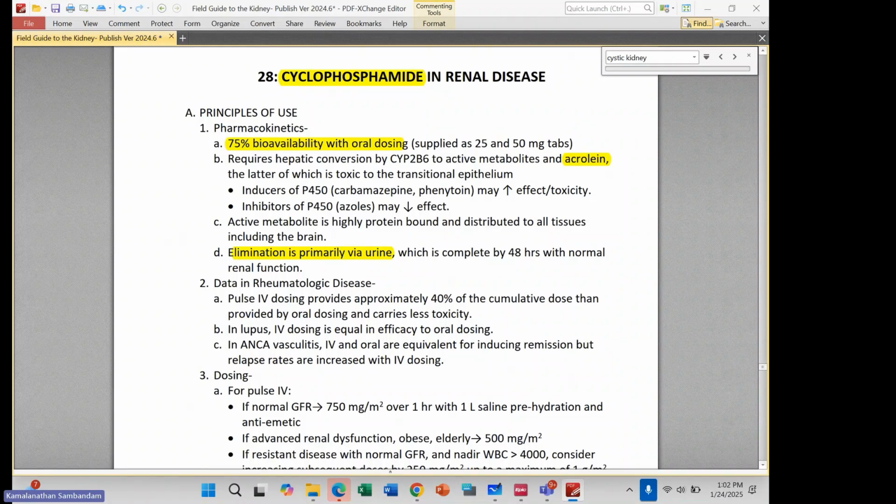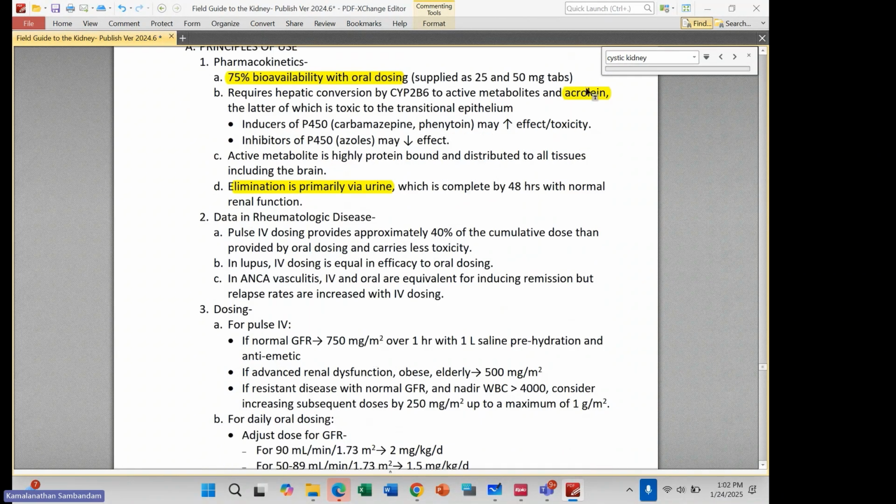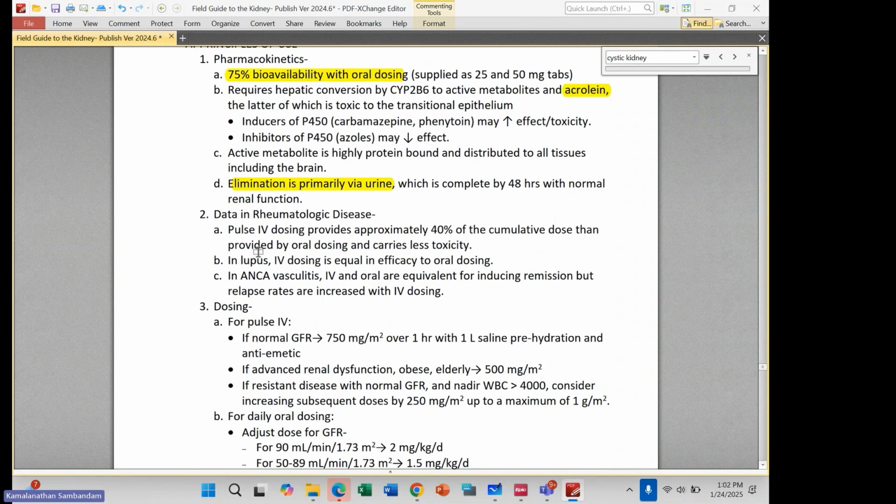We say when you take your cyclophosphamide, take it in the morning, so that it doesn't sit in your bladder all night if you took the dose at night and then cause that irritation through acrolein, this metabolite. So take it in the morning with a glass of water or liquids so that you can urinate out that acrolein throughout the day.